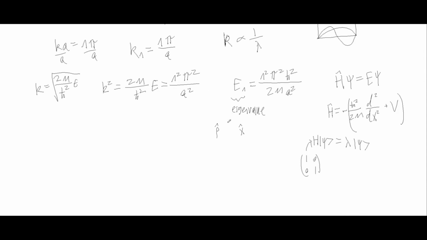Like I said, if you remember from my videos on spin, we had the Hermitian operator, and if we acted it on this ket vector here, that would give us some eigenvalue multiplied by the ket vector.